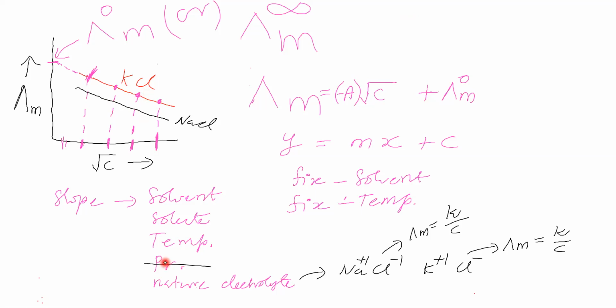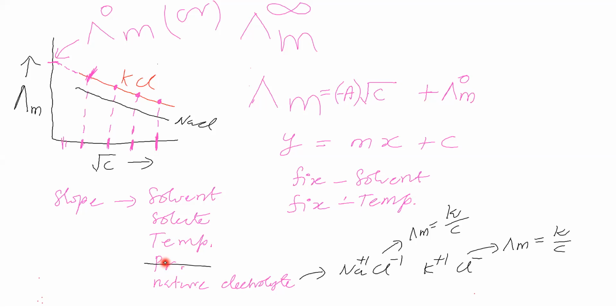For this slope, same or different? What do you say? Equal or not equal? Okay, the slope is different. That means this slope A depends even on the nature of the electrolyte.